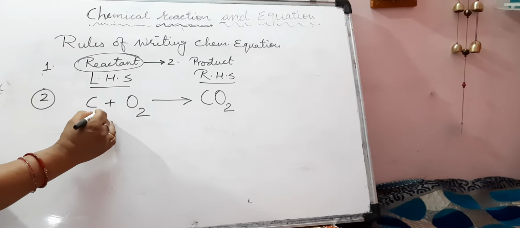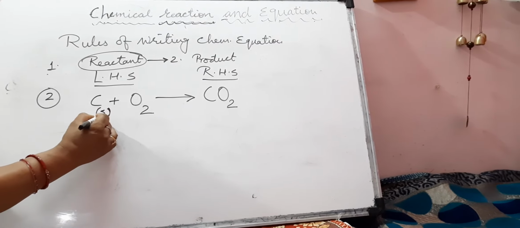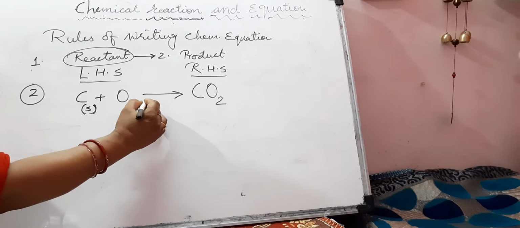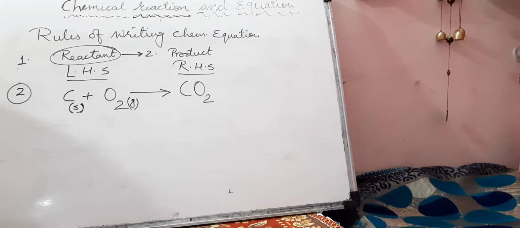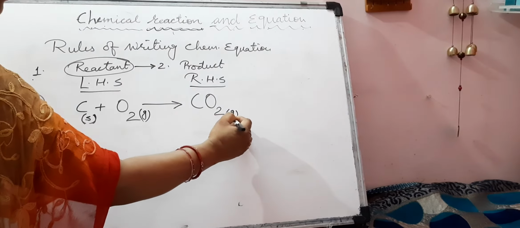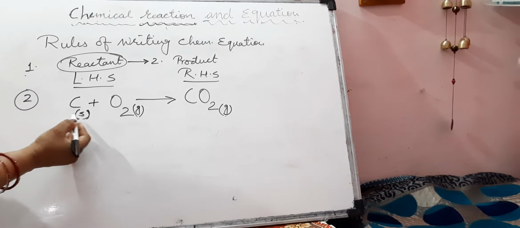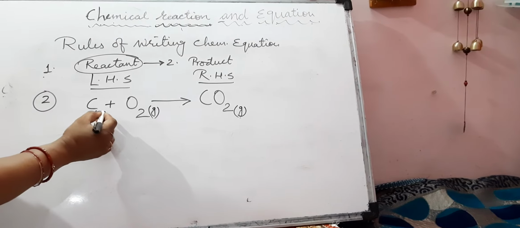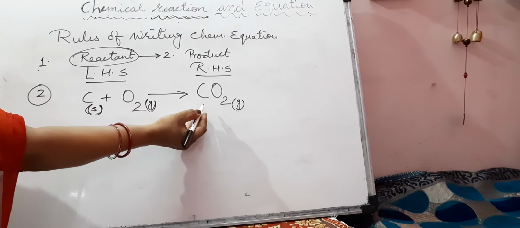Like carbon is existing in solid, so we are using small s in small bracket. Oxygen, that you all know, always exists in gaseous form. That's why I am using small g for it. Carbon dioxide again is a gas. That's why again I am writing small g for it. So second rule is to indicate the physical state of reactants and products.